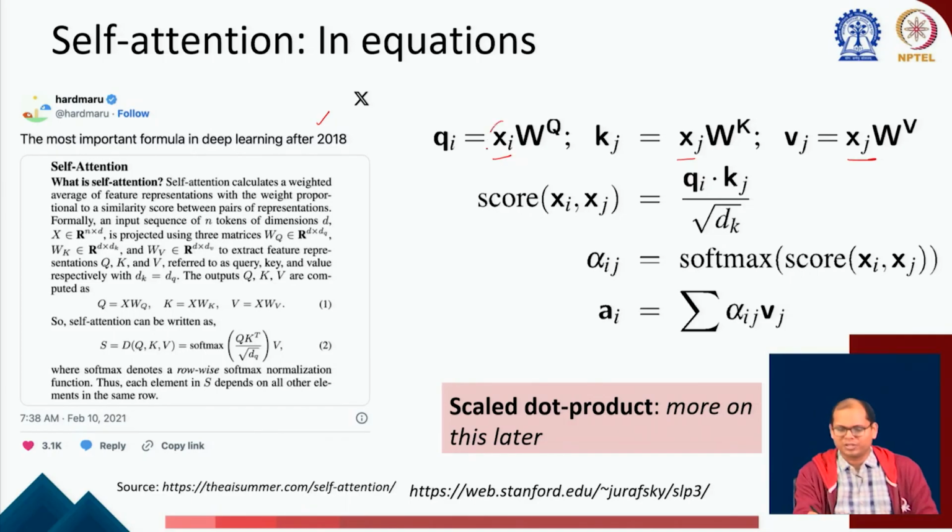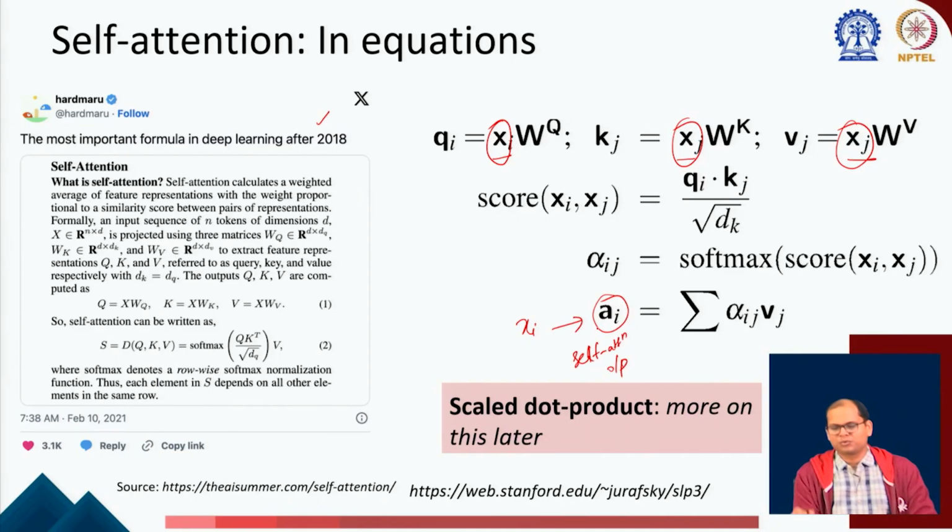So this is your input to the encoder. xi and xj are 2 different inputs, or 2 different words in the sequence. Now how do you compute the self-attention score? First of all, this is what you want to compute: Ai, for the xi input, what is the self-attention output? This is what I want to compute.